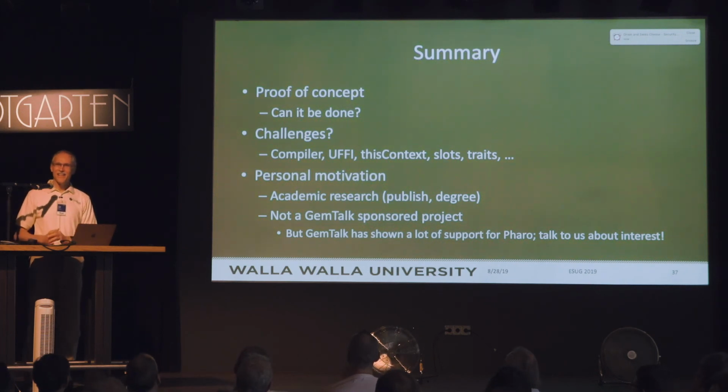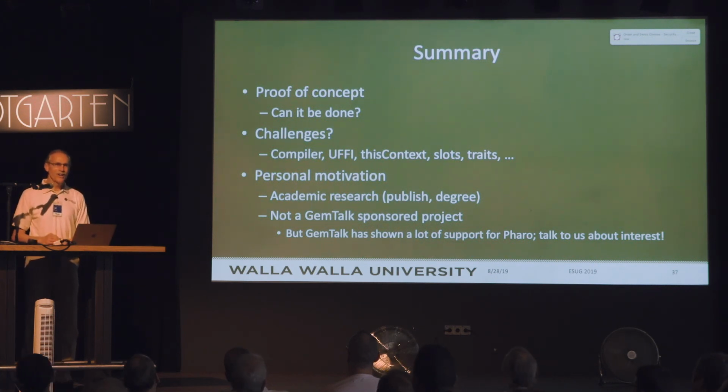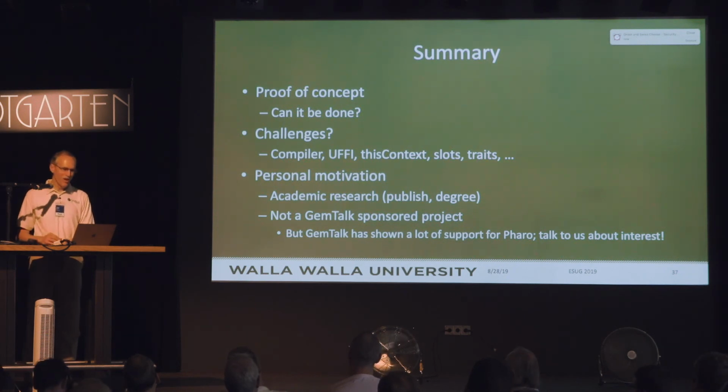This is not a GemStone-sponsored project, certainly not officially, but I think you all understand that GemStone is very responsive to the community interests and has done a lot to support Pharo, particularly Dale's initiatives. So if there's interest, talk to us, particularly talk to Norm.